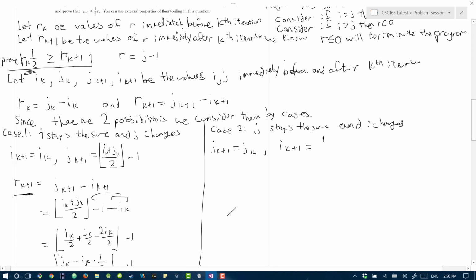So i_k plus j_k divided by 2, floor, and we're adding 1. Okay. And then we consider r_{k+1} equals what? And then we have j_k, or rather, let me write this out. i_{k+1}. Okay, so then we have j_k minus the floor of i_k plus j_k divided by 2, plus 1. Right.